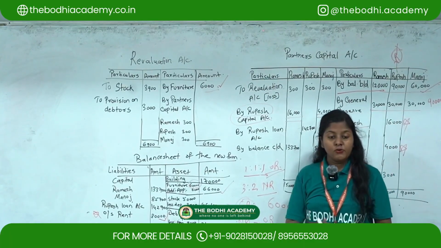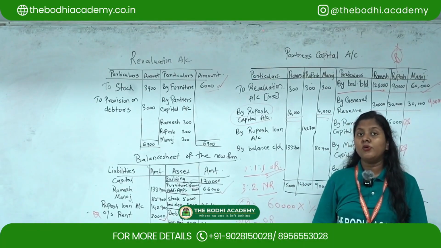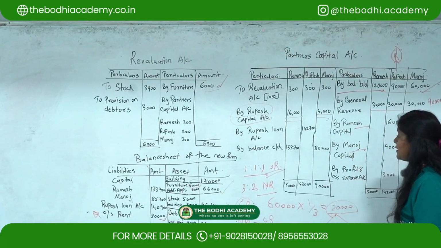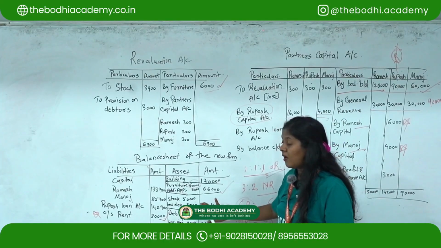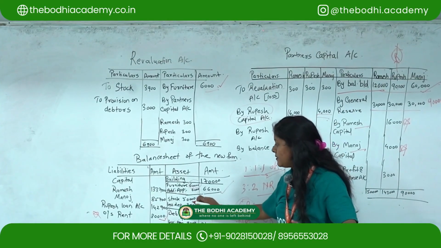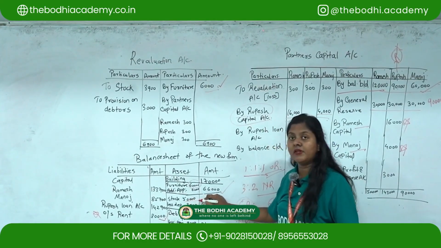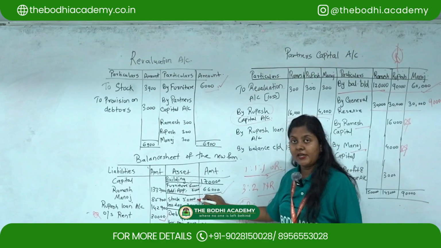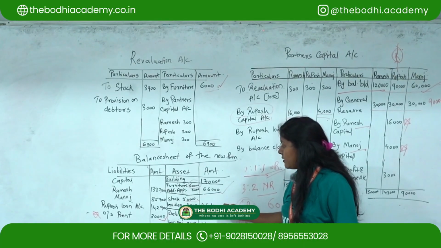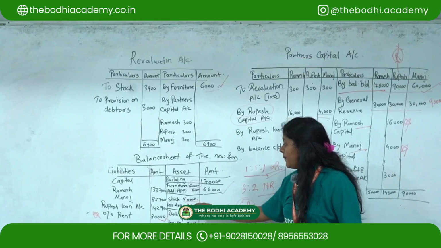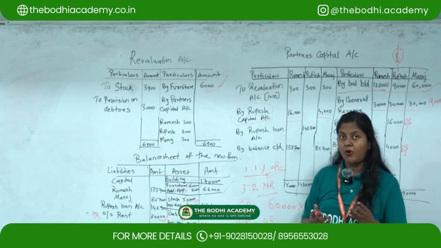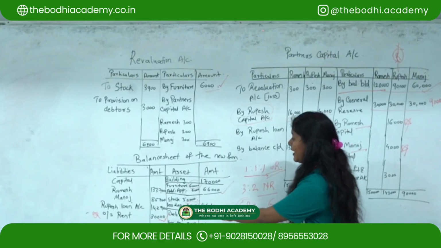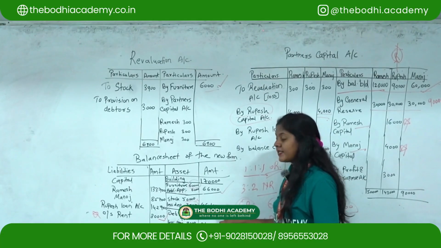Then they have told us about the stock to be shown as 46,100. It means the stock value is 46,100. Earlier in the trial balance, they have given us 50,000. So 50,000 minus 46,100, and it is depreciated because earlier the stock amount was more and now they are telling us to show it as 46,100.